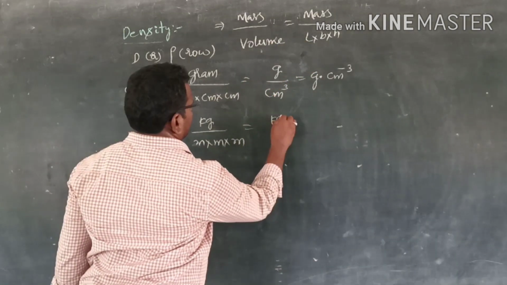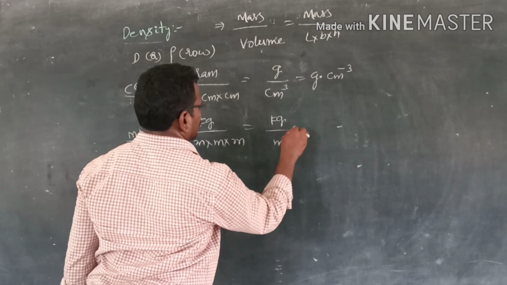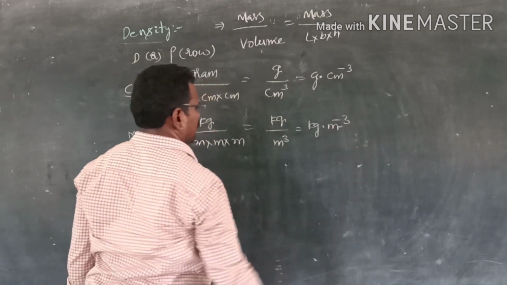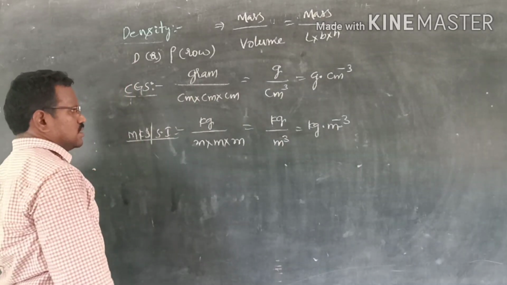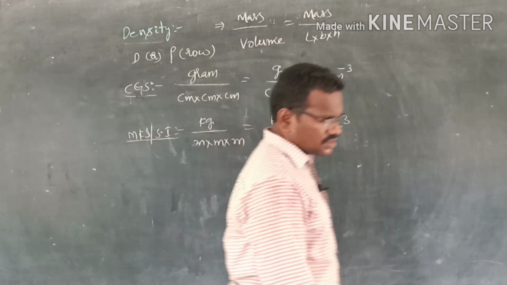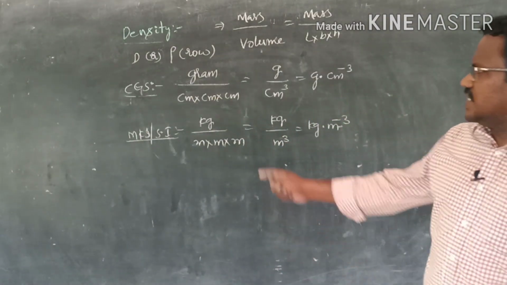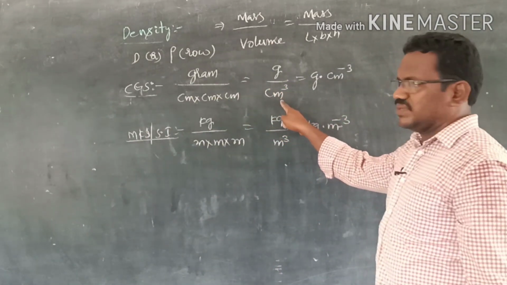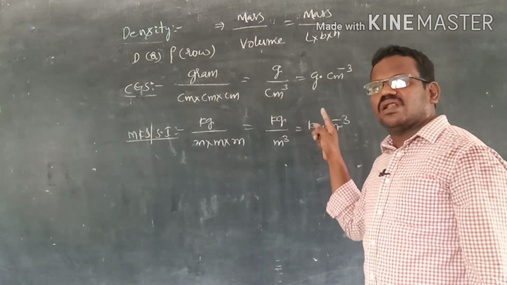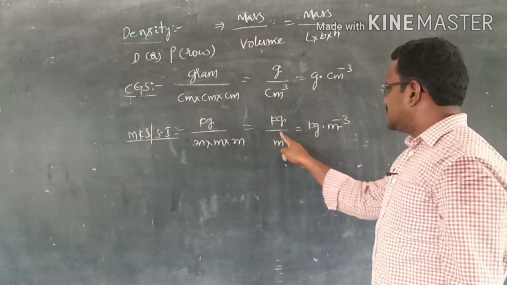Now it can be represented as kg by meter cube, or also as kg meter power minus 3. Easy to write, it is not at all a big issue. The CGS unit is gram per centimeter cube, also gram per cc, and the MKS unit is kg per meter cube.